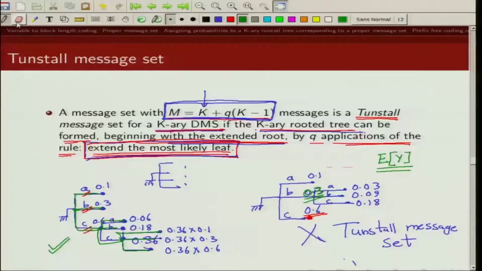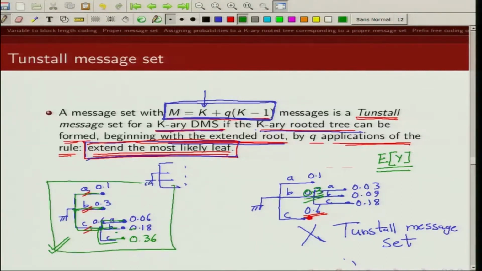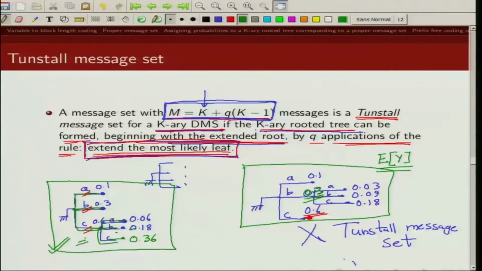Now let us take the same example. Let us take this example which is a Tunstall message set, and this example which is a non-Tunstall message set. Now what I did was, in both the cases I did a single extension of the extended root. In the Tunstall message set I extended the leaf which has 0.6 probability.